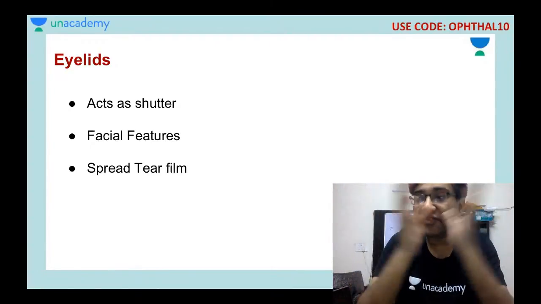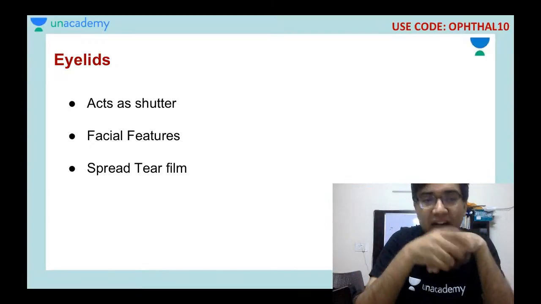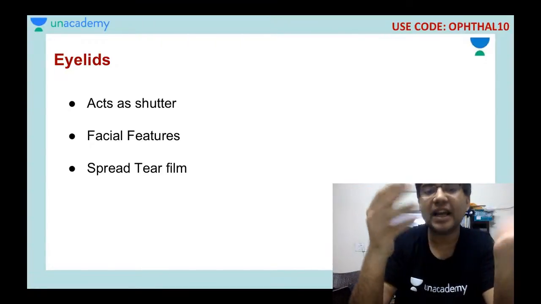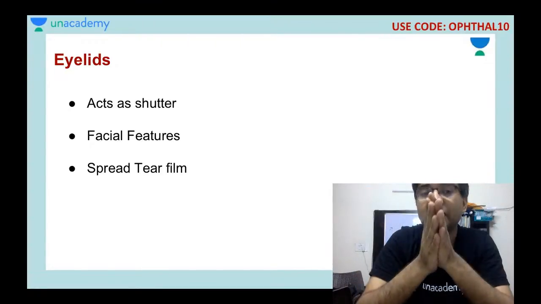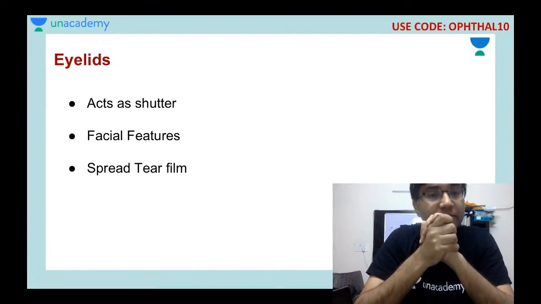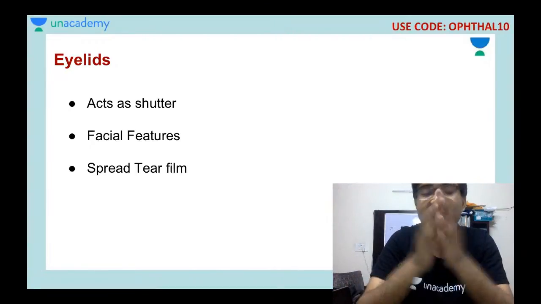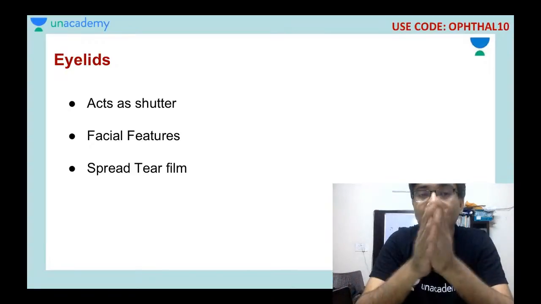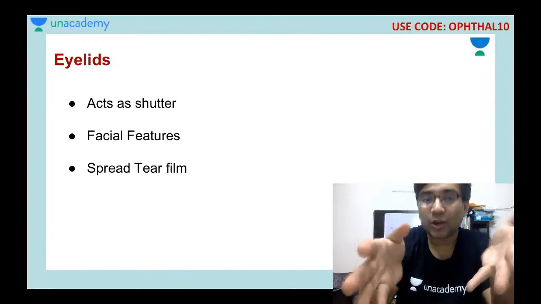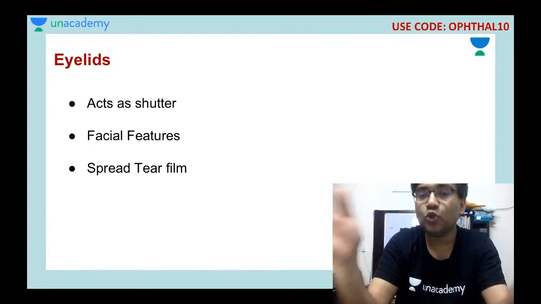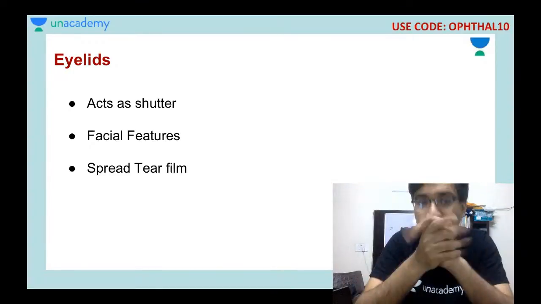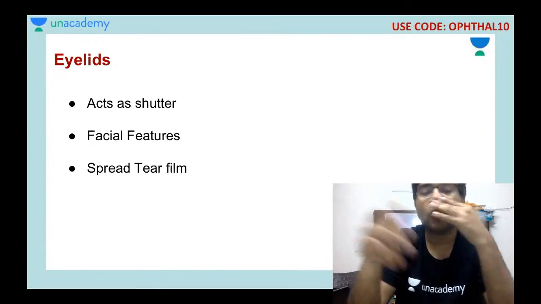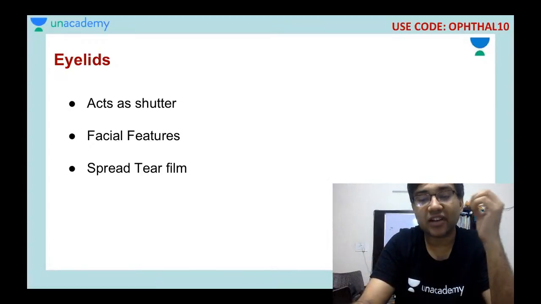Another very important feature of the eyelids is that they help to spread the tear film. When I talked about the tear film yesterday, I talked about the three layers, the mucus, aqueous and the lipid layer. These have to be uniformly spread over the whole eyeball. This work is also done with the help of our eyelids.